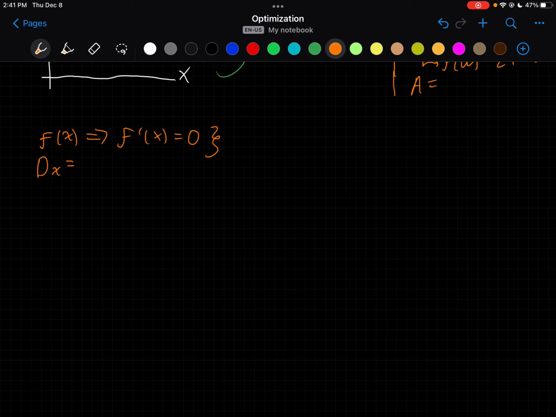Okay, so this is a very general process that I'm trying to explain. Let's say the domain is, well, not simply, this is actually the most complex, negative infinity to infinity. In that case, you will have to find where f prime of x equals 0, and that gives you your critical points, which I'll abbreviate as CPs.